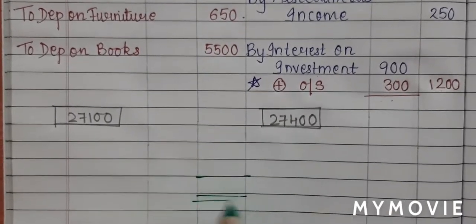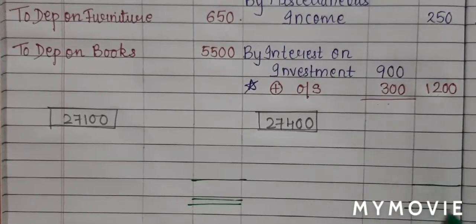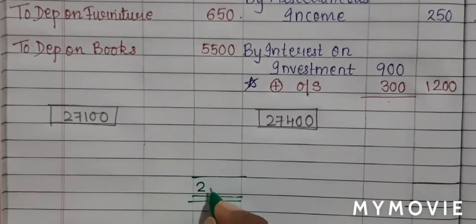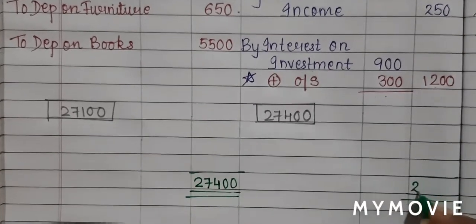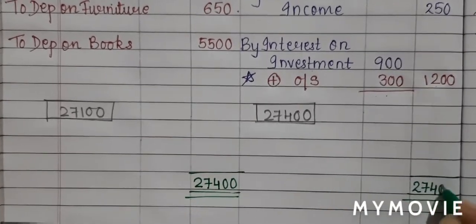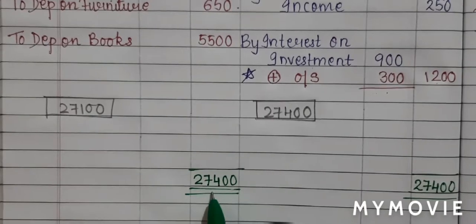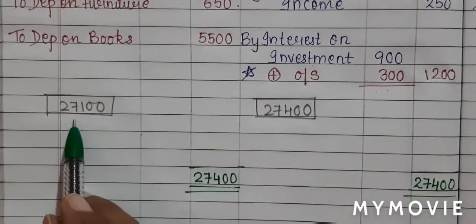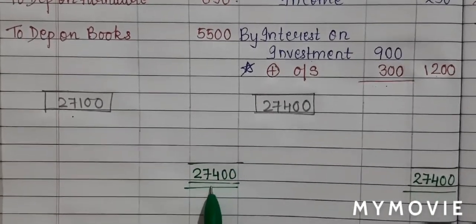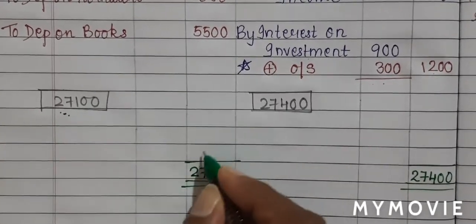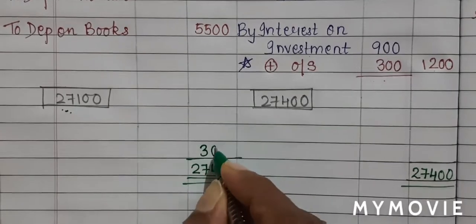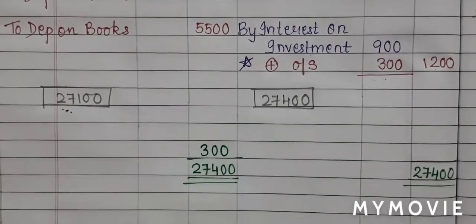We will double underline on both the sides. The bigger total is to be written on both the sides, so 27,400 will be written on both the sides. From the bigger total, I will minus the smaller total. So 27,400 minus 27,100, I'll get a balance of 300, which I will write on top.